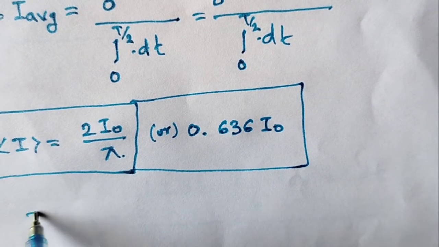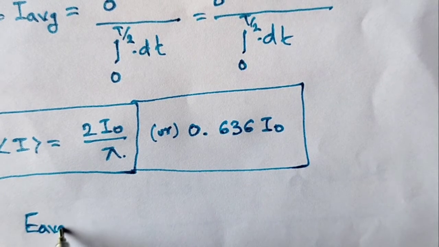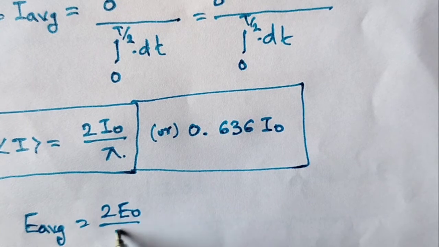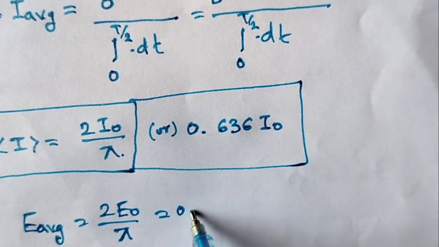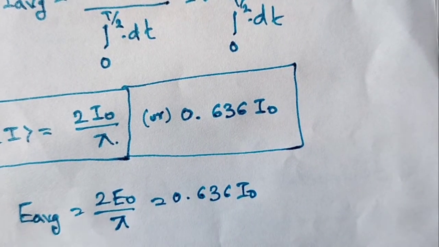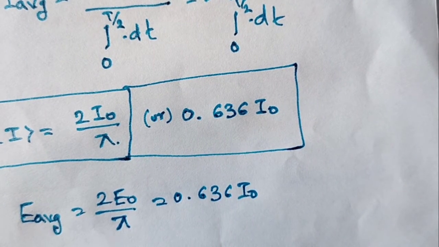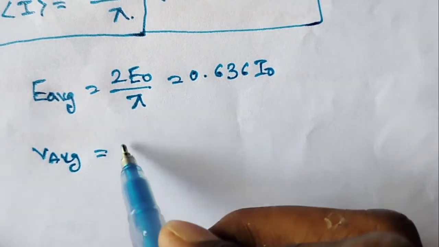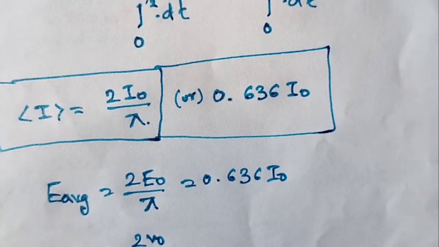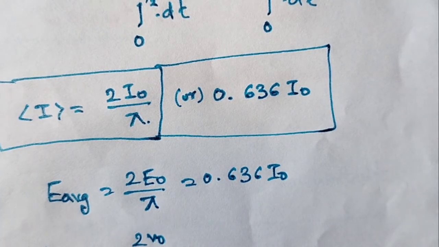Same for E average in the half cycle: 2 E naught by pi, that is 0.636 E naught. Sometimes V is used, V average for voltage, also 2 V naught by pi. This is the half cycle value.